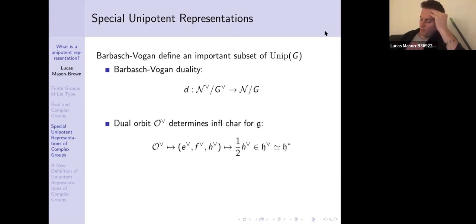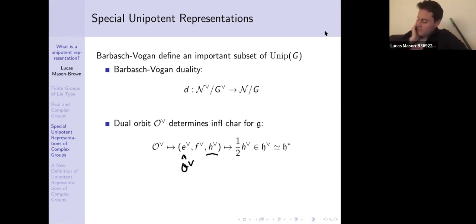So if we have a dual orbit O check in mind, we can define a very important infinitesimal character for G using the Jacobson-Morozov theorem. We first pick some nilpotent element E check in O check, and we form an SL2 triple, E check, F check, H check, with H check semi-simple.